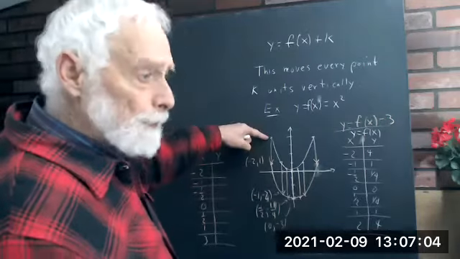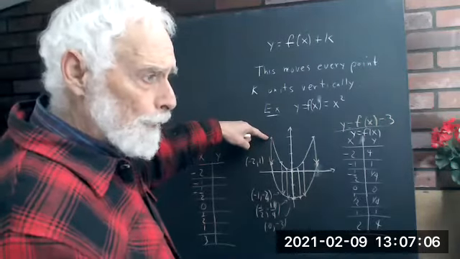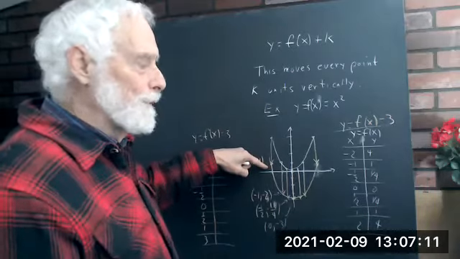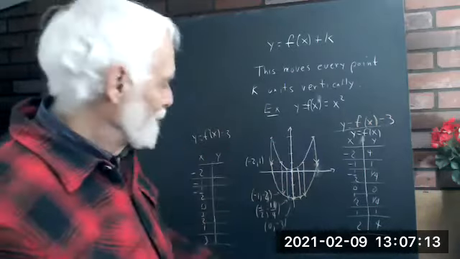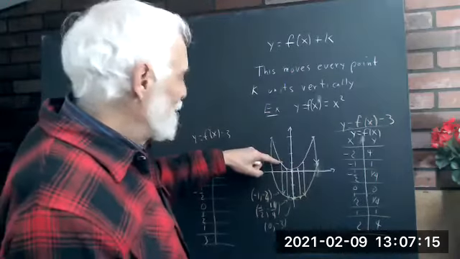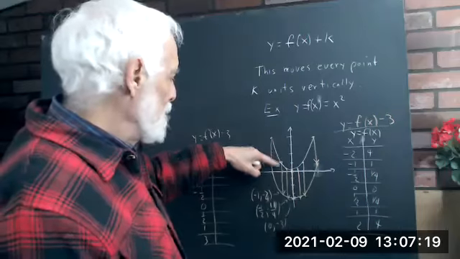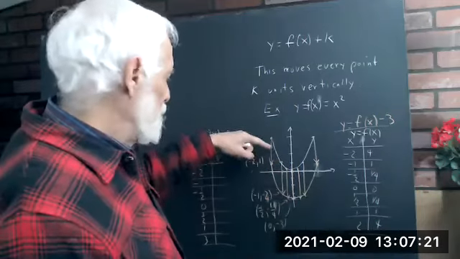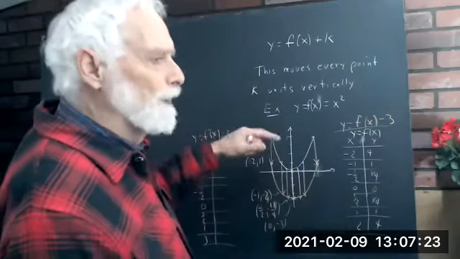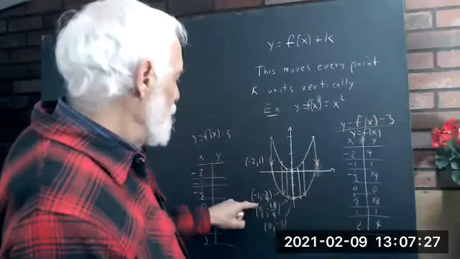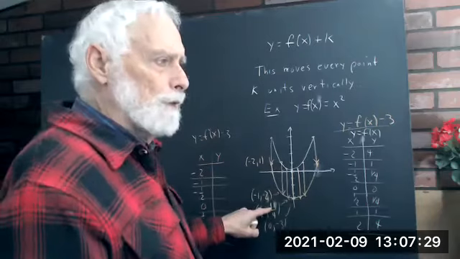If I take this point, which is 0, 4, and move it down 3 units, it's going to go to 0, 1. The point, as Elena corrected me, where we have -1, 1, moves down 3 units and ends up at -1, -2.